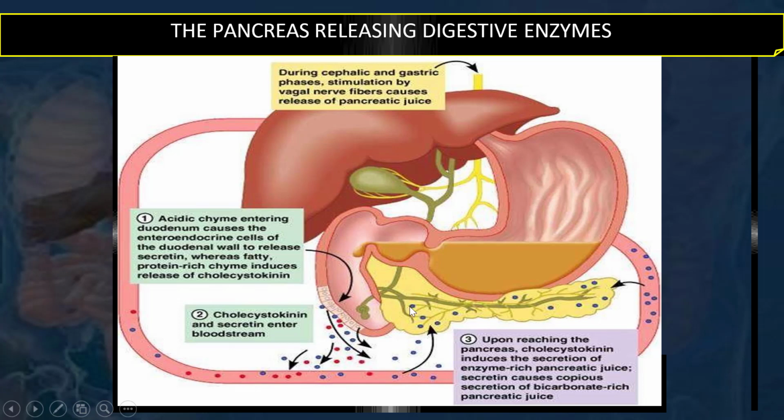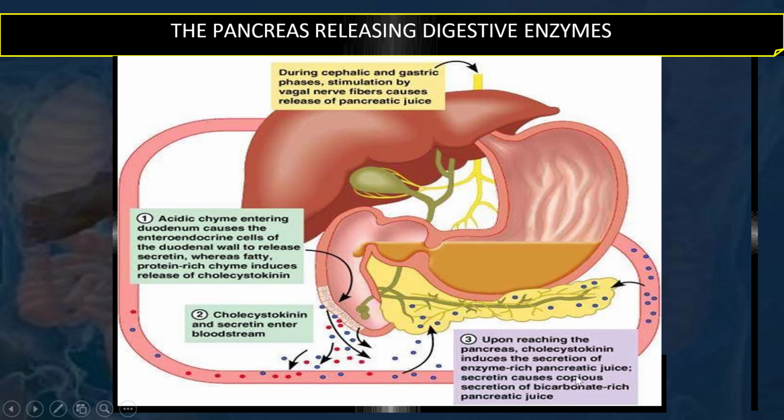Here is the pancreas, which lies in the concavity of the duodenum up till the spleen. This elongated structure is the pancreas, and it has this pancreatic duct, and the common bile duct joins with the pancreatic duct to open into the ampulla of Vater in the second part of the duodenum. And that is how these enzymes act upon the food which has reached the intestine.